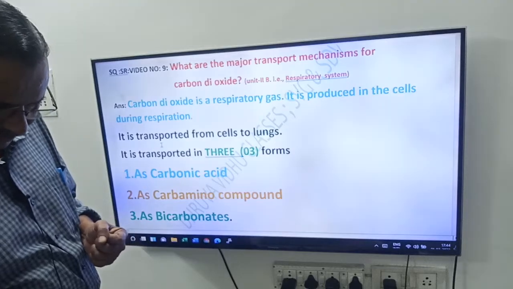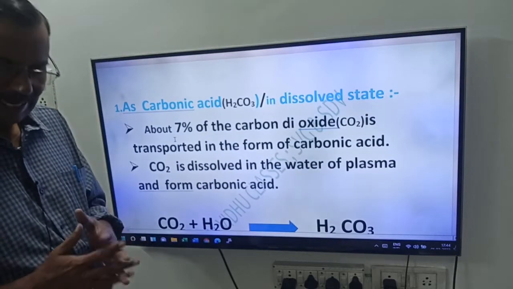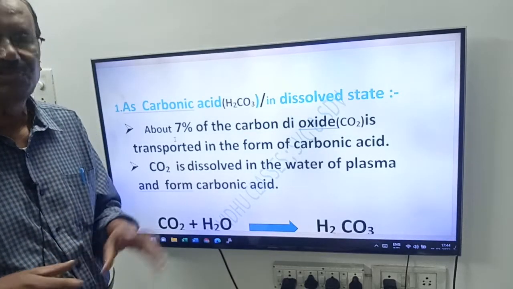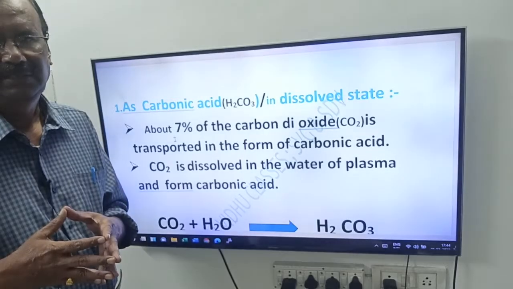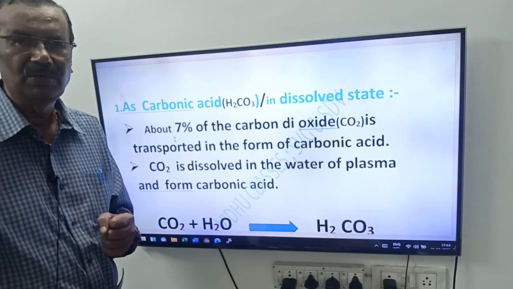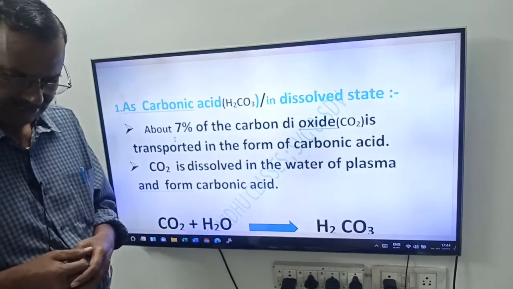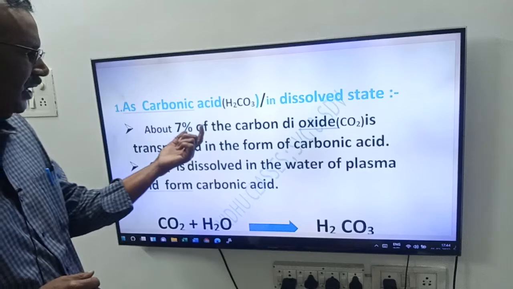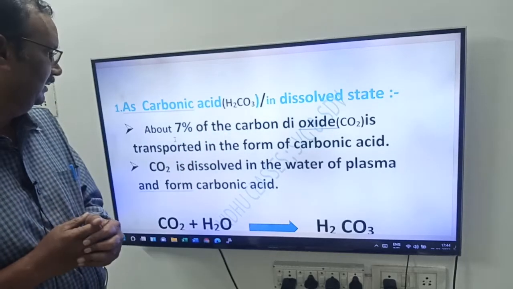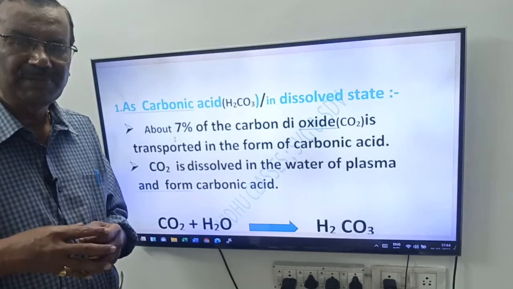Okay friends, now we'll take one by one. First one as carbonic acid. This is also called what? The dissolved state. Dissolved state. ఇక్కడ ఏంటి ఫ్రెండ్స్? కార్బన్ డైఆక్సైడ్ నీటిలో కరుగుతుంది, ప్లాస్మాలో ఉన్న నీటిలో కరుగుతుంది యాజ్ ఇన్ డిజాల్వ్డ్ స్టేట్. See friends, in this form 7% of the carbon dioxide is transported. మన కార్బానిక్ యాసిడ్ ఫామ్లో ఎంత పర్సెంటేజ్?